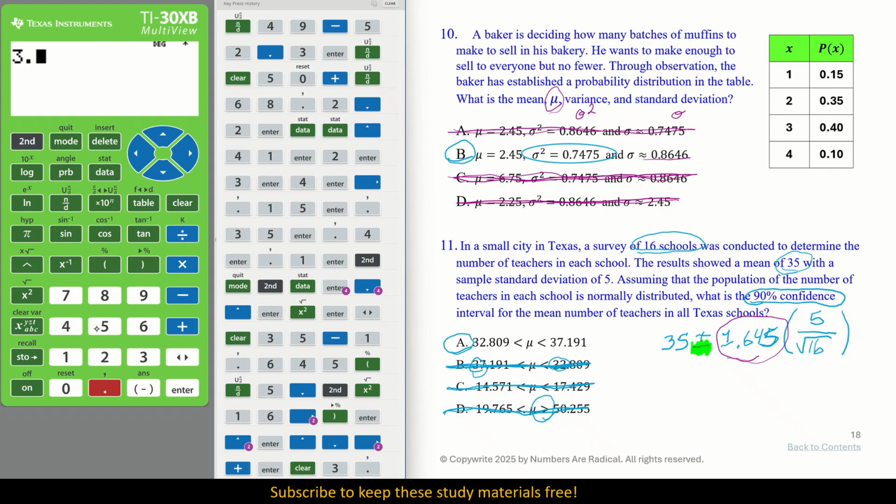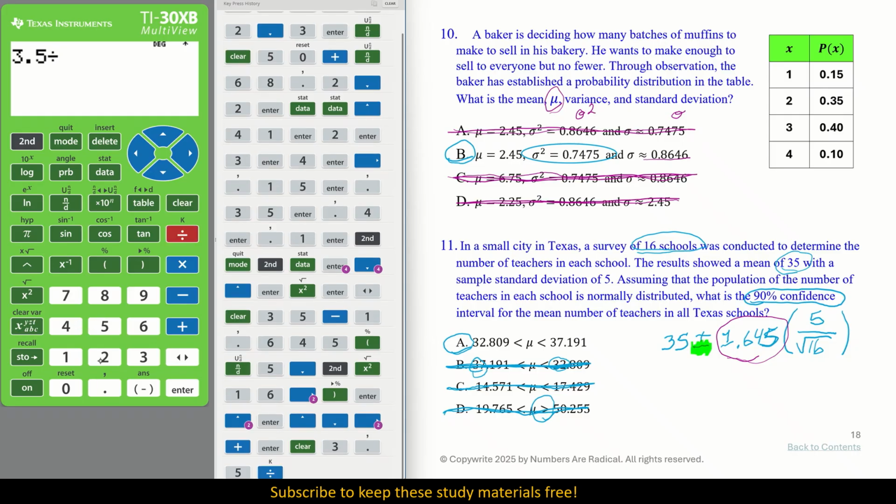So I've done 3.5 and then divided that by 2 and pushed enter. And I've used that. Now look at the difference in 1.645 and 0.75. So I kind of estimated it, and you know what? I got close enough to get my answer correct.